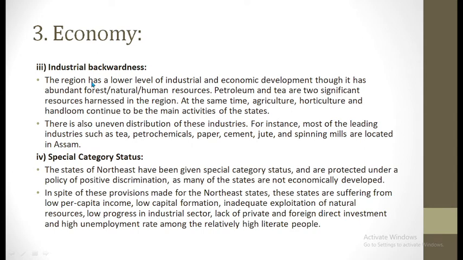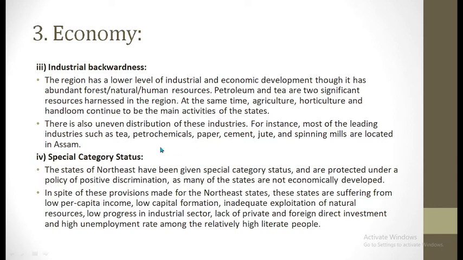When we talk about industrial backwardness, the Northeast has a very low level of industrial and economic development, though it has abundant forests and natural and human resources. There are many mineral resources like petroleum, coal and others. Tea, timber, and agriculture and horticulture products are also available in abundance, but industry is still very backward.